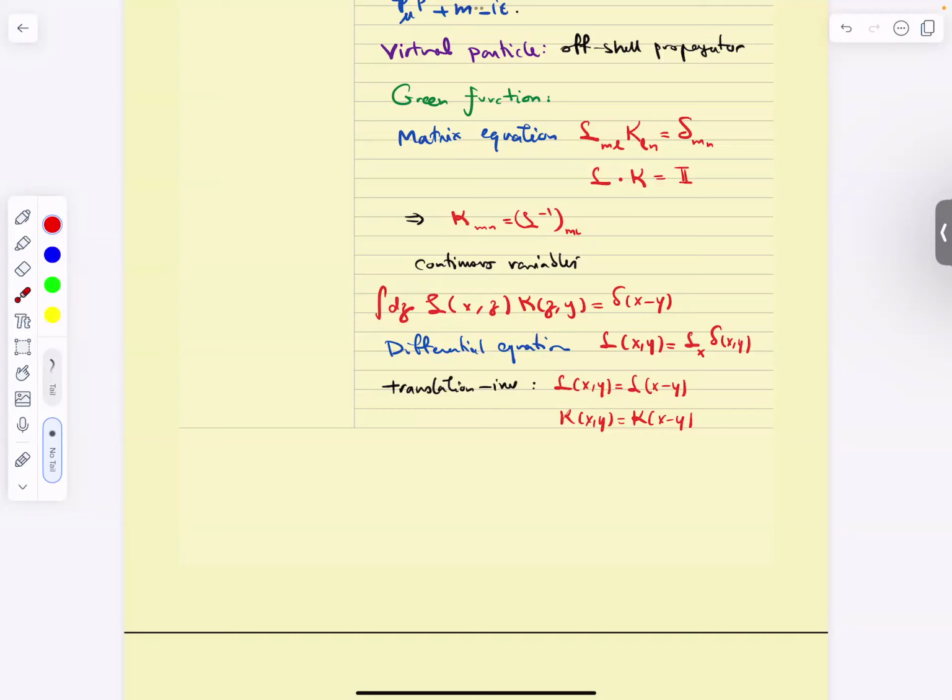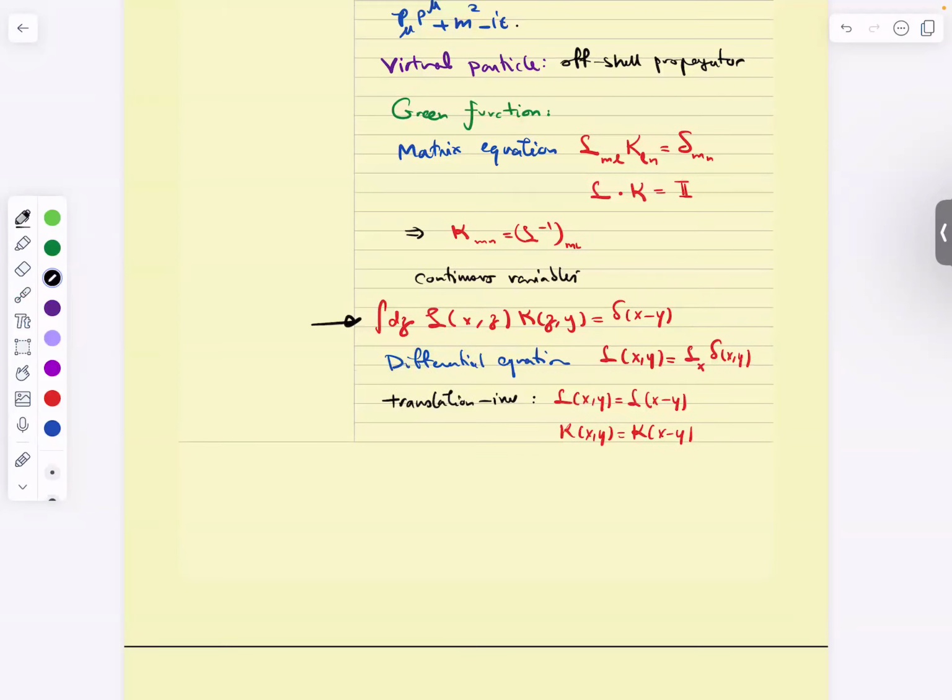Now what you have is some differential operator, for example this, acting on K will give you this. Let's just focus on this for now. So this is just a continuous version of this equation. By extension of the same logic, you could think of L as the inverse of K, the left inverse of K.